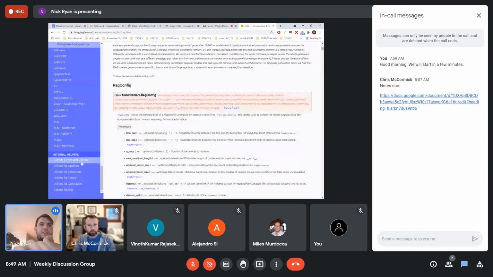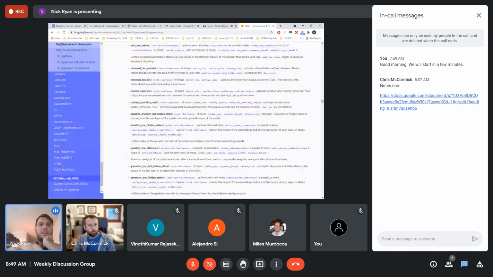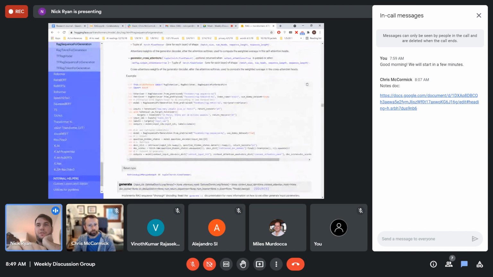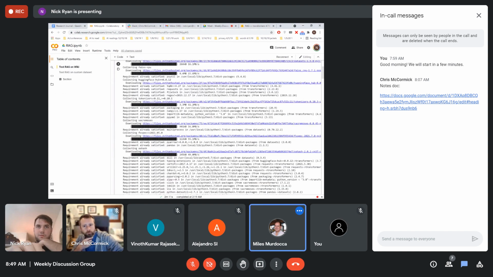Yeah, and unfortunately, it's not really in the error message anywhere. So if you try and take this example code and run it, it won't work and it won't really tell you why. It just says you need datasets or something like that. Oh, okay. So make sure to include these additional dependencies. Right, so thanks for the heads up.